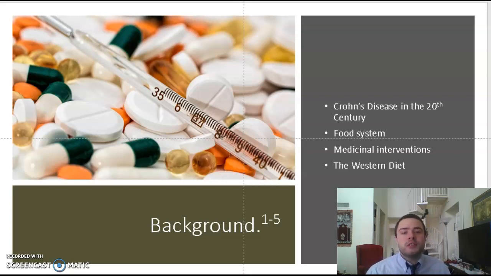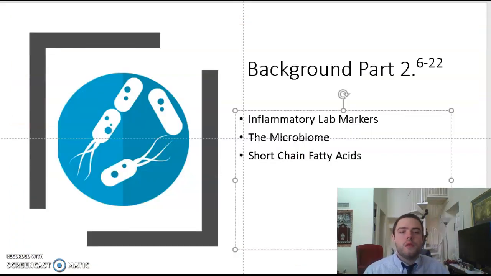However, this particular study did not take that into account, and we will talk more about that as the presentation continues. The inflammatory lab markers that are taken into consideration in this study are C-reactive protein and other inflammatory markers that studies consider for their study outcomes.